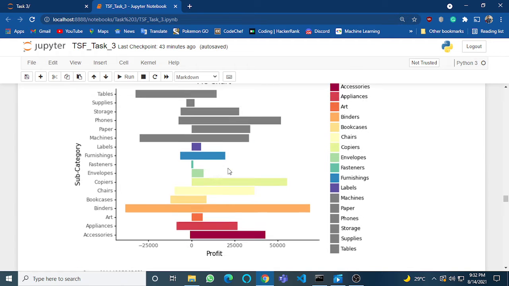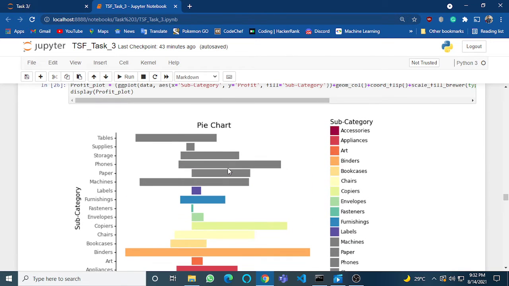Next, the copier subcategory has gained the highest amount of profit with no loss. There are other subcategories too that haven't faced any kind of losses, but their profit margins are also low.